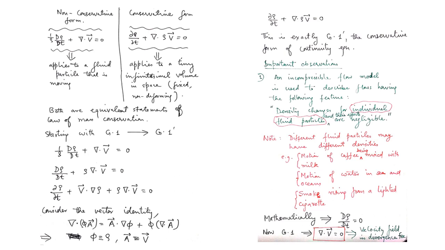As the air rises from the cigarette, particles coming from very close to the cigarette will have different temperatures, so different densities, and particles coming from a little away from the cigarette, being sucked into the rising current of air, will have different temperatures and different densities. So this is another example where densities may differ for different particles, but if you start tracking one particle, its density will not be changing very significantly.